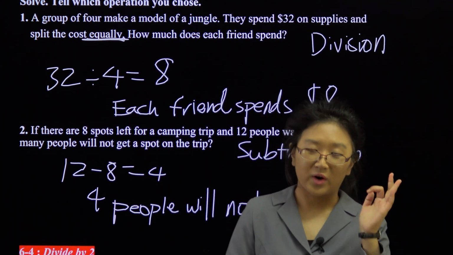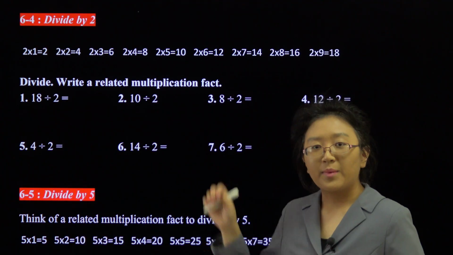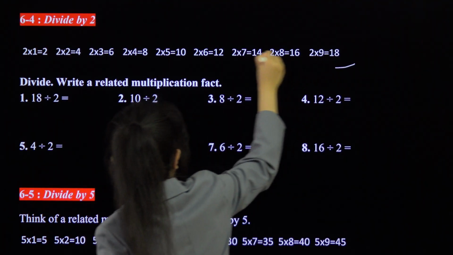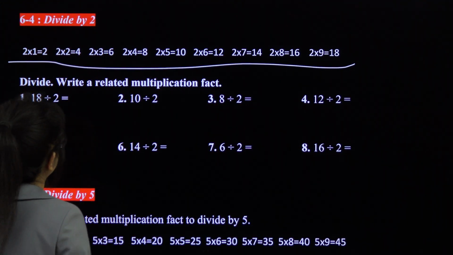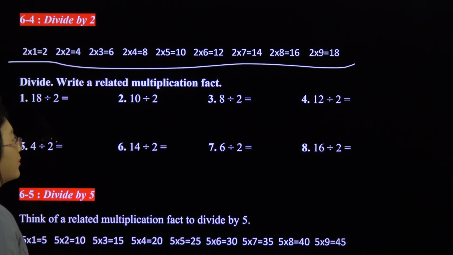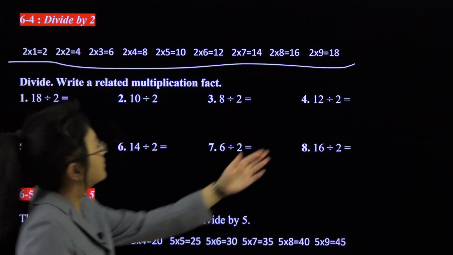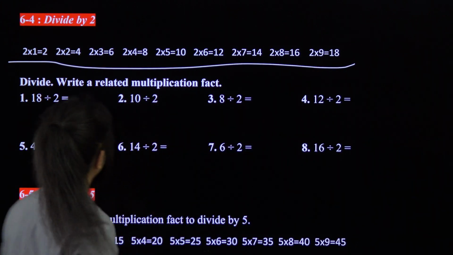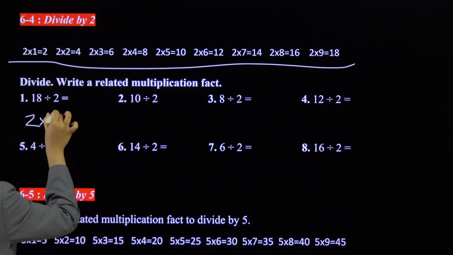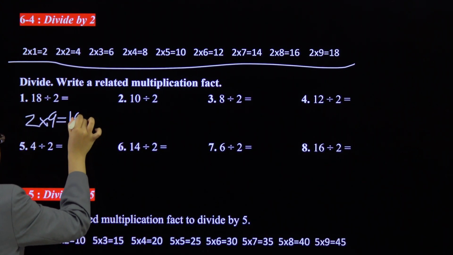Done. We're going to go back to division. Divide by 2. So here's all the multiplication facts that we're going to need. Divide. Write a related multiplication fact. 18 divided by 2. 2 times 9 equals 18.